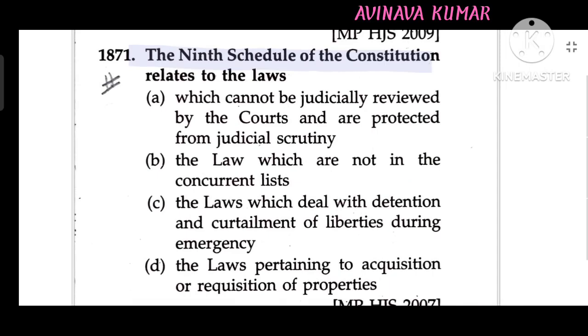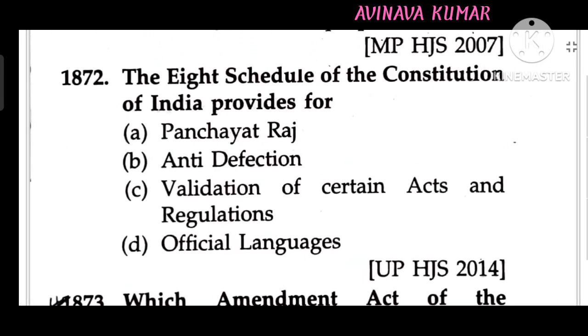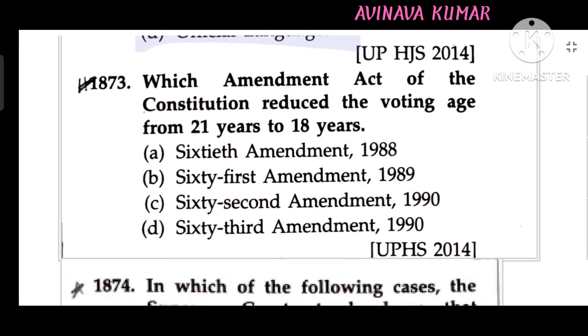The 9th Schedule of the Constitution of India is related to laws which cannot be judicially reviewed by the court and are protected from judicial scrutiny. The 8th Schedule of the Constitution of India provides for official languages.